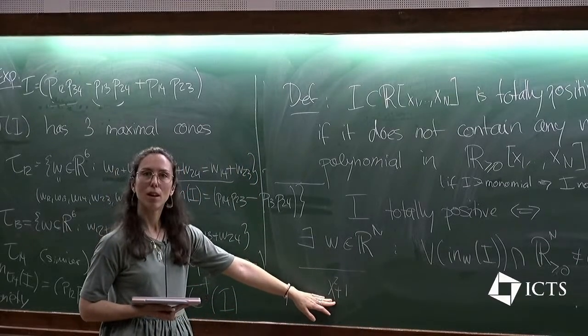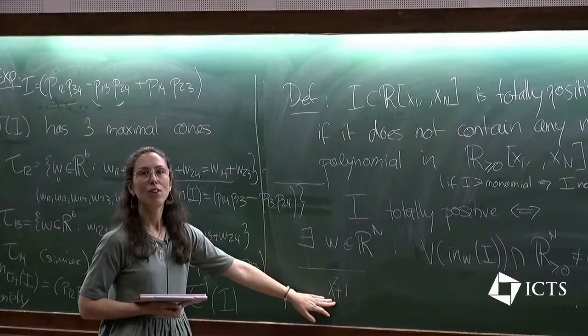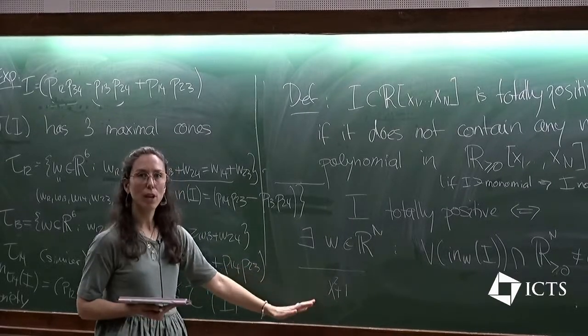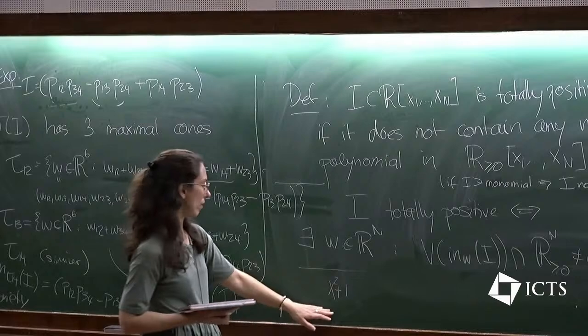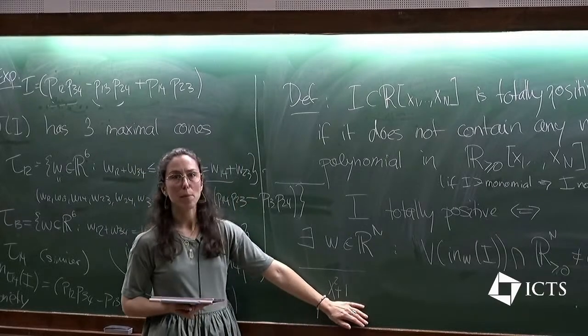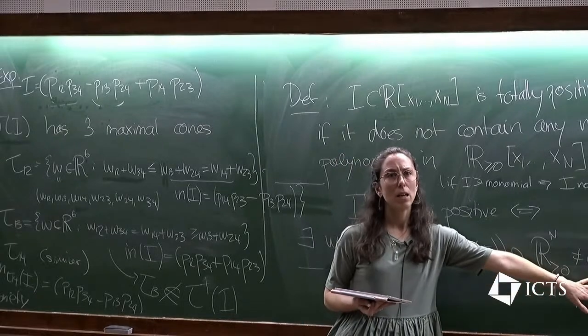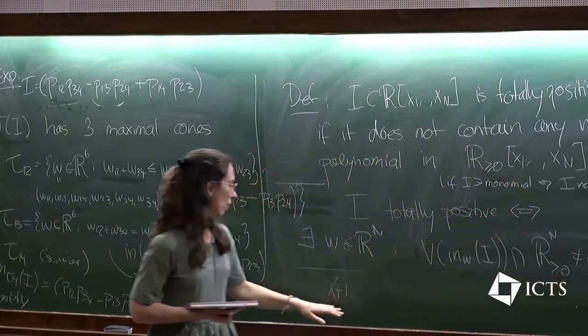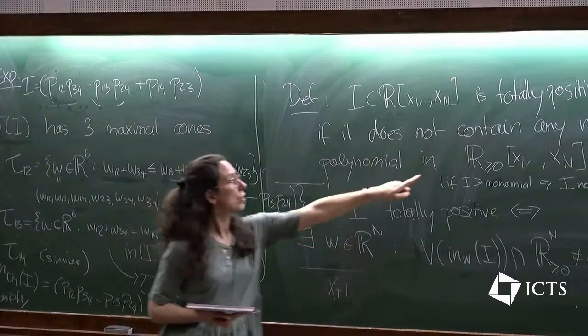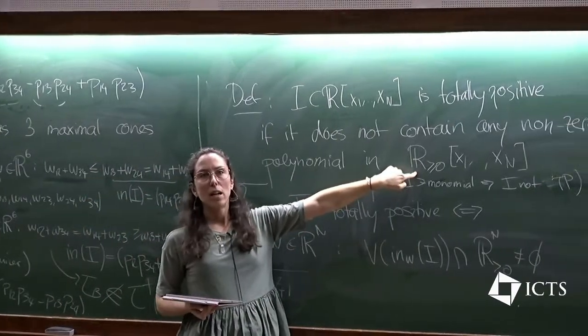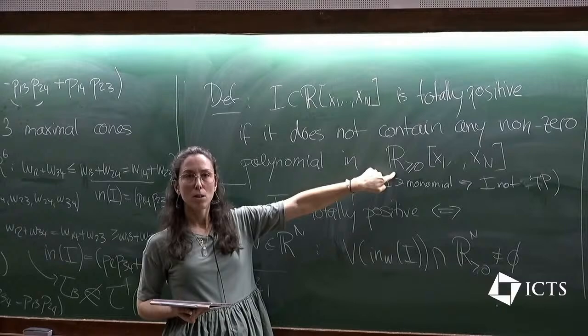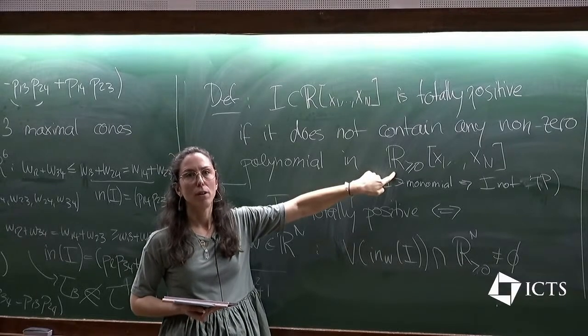Right, but this is okay, right? It fits the definition, because the vanishing set is empty. So if I intersect with the positive orthant, it is still empty. And we also observe that this ideal does contain a non-trivial element here. So it is not totally positive.